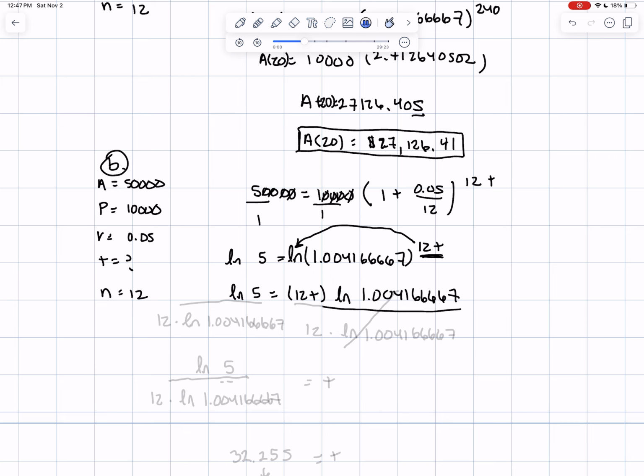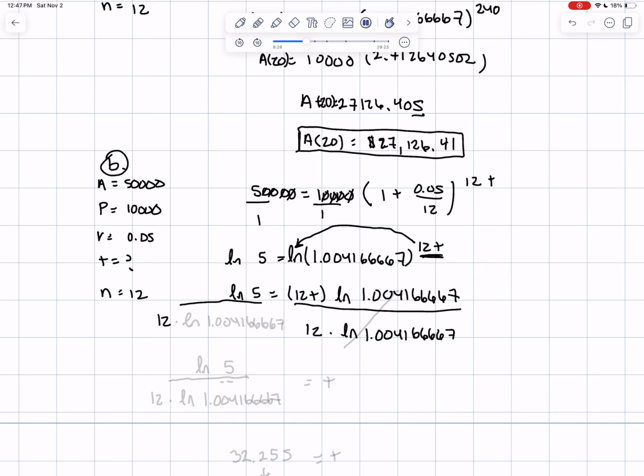And then what can I do? Well, I want to get t by itself because we're solving for t, right? One of the things I can do is divide by the 12 and divide by the ln out. So it's going to take that out. And now if I do that on one side, I can do the same thing on the other side.